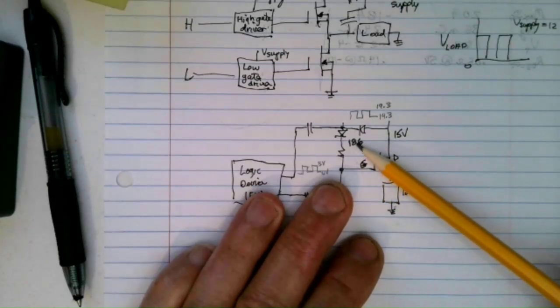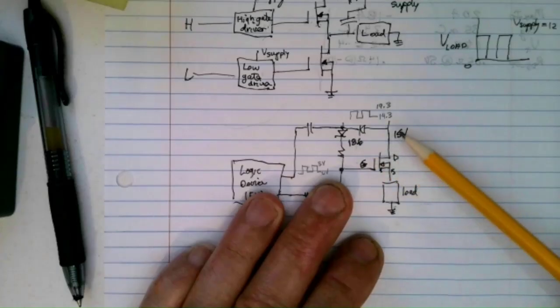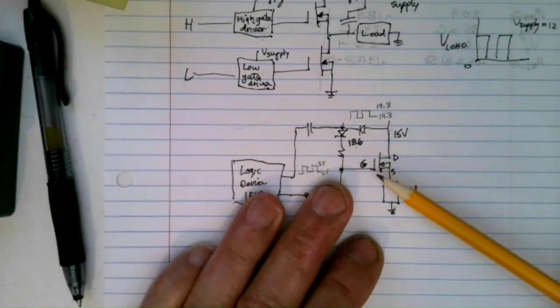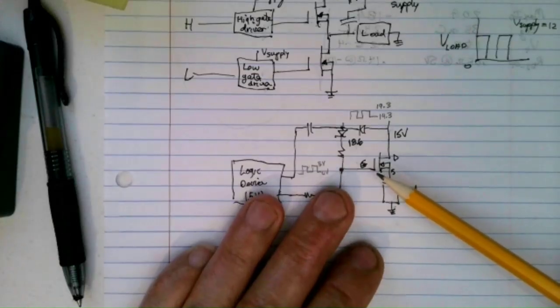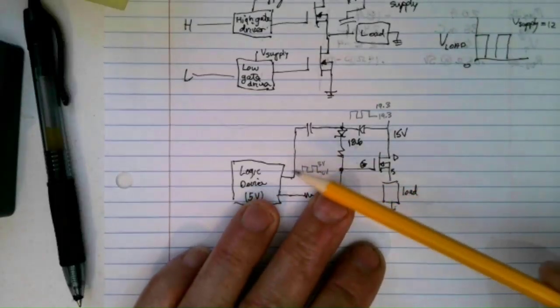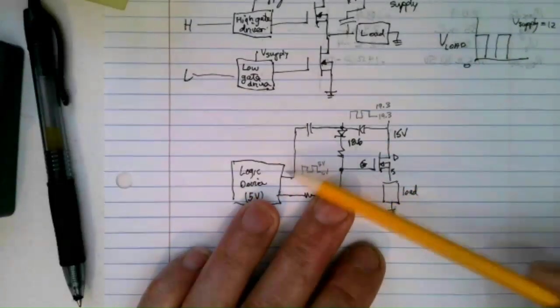It's 3.6 volts higher than 15, and that wouldn't get you the guaranteed RDS on, but it might be good enough, and that's about as good as you're going to get if you have a 5-volt logic device here.